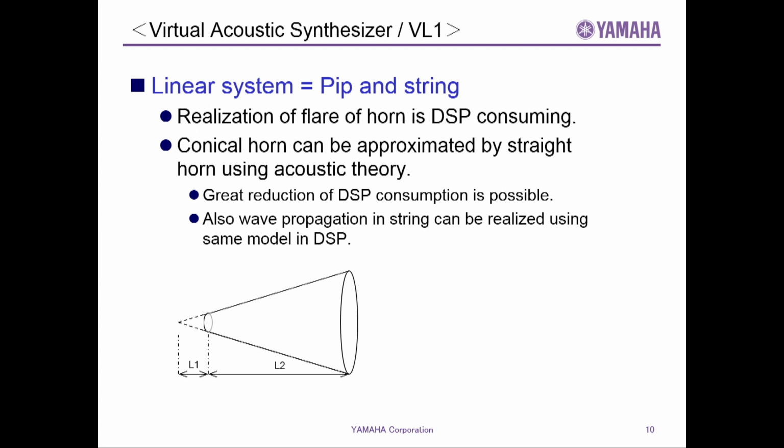This is a conical horn, like a saxophone, oboe, or bassoon. It should be emulated in the DSP domain like this. It should be divided into many cylindrical emulations in the digital domain, because digital is discrete and analog is continuous. So analog should be emulated in the DSP domain using quantization.